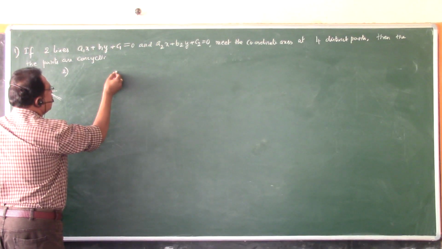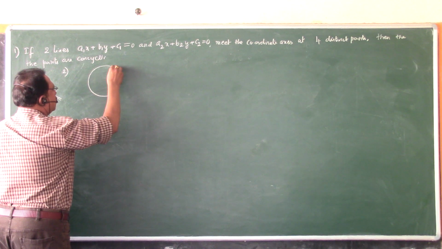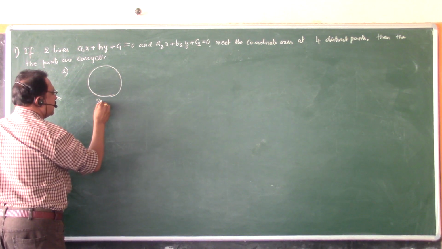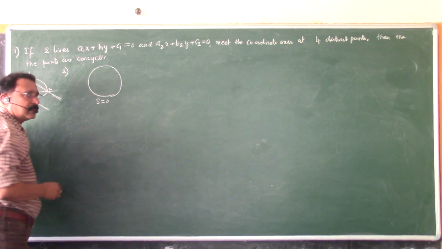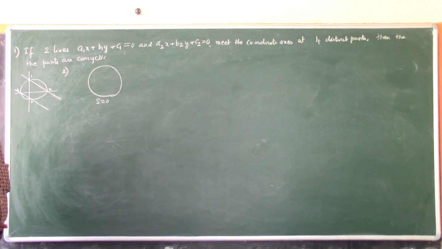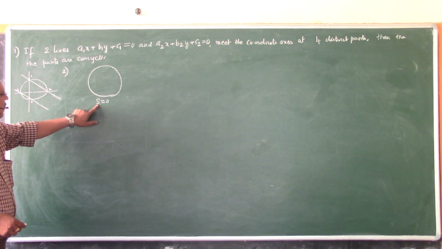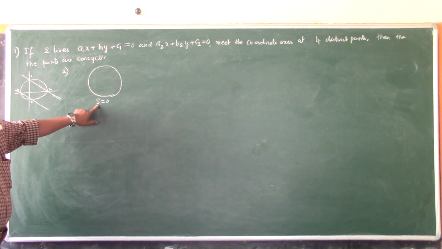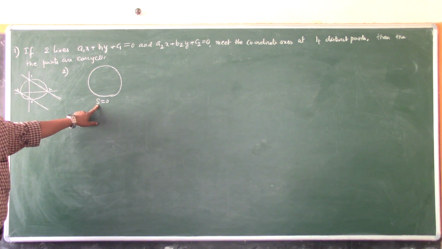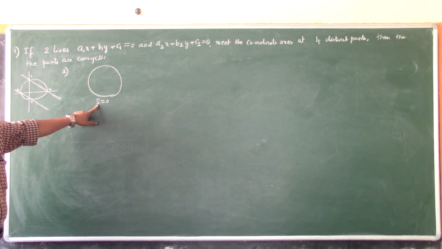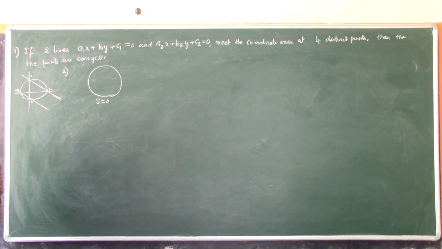What is this? This is the circle S is equal to 0. S is equal to 0 means it is the equation of the circle in the standard form. What is the equation of the circle in the standard form?